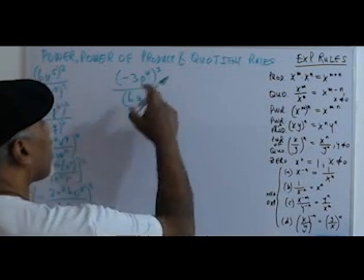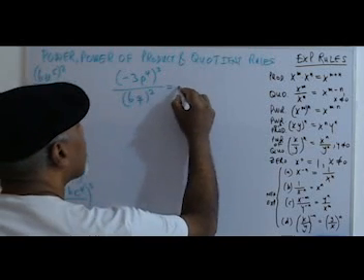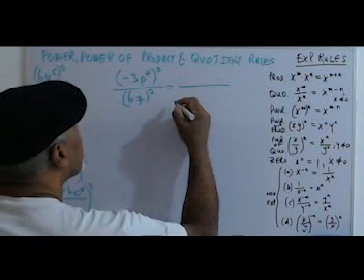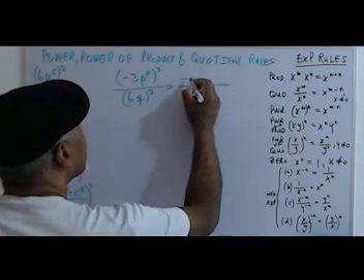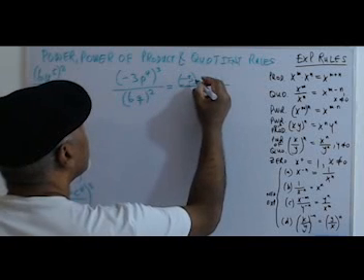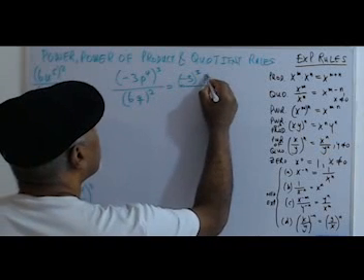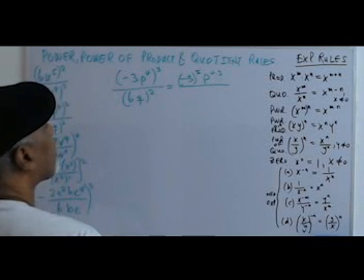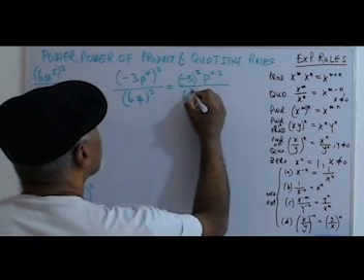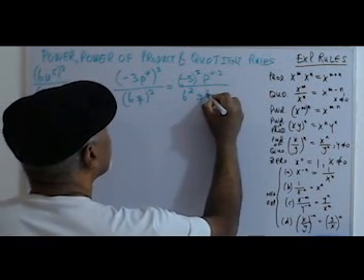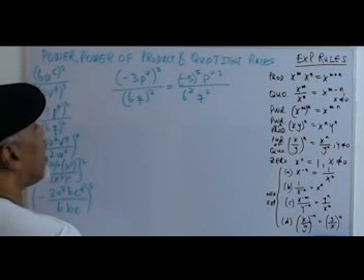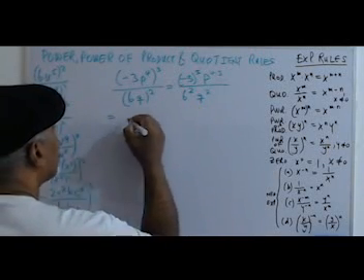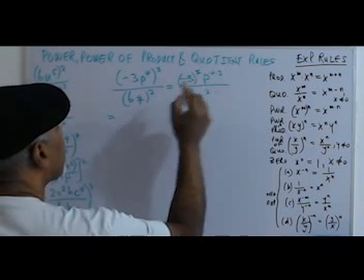So again, let's do the numerator and denominator separately. Using the power of a product rule, for the numerator we have negative 3 cubed, p to the 4 times 3, over 6 squared times q squared. Now, let's simplify that negative 3 cubed.